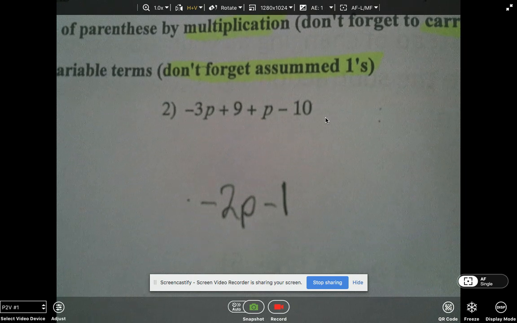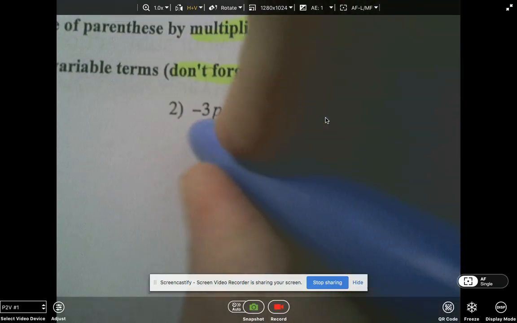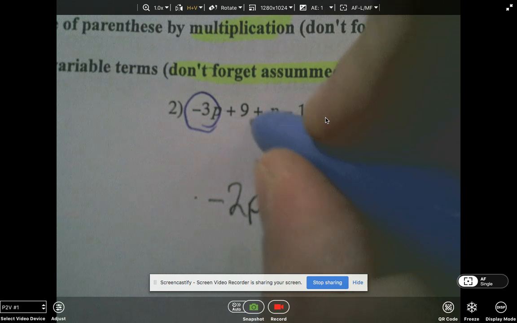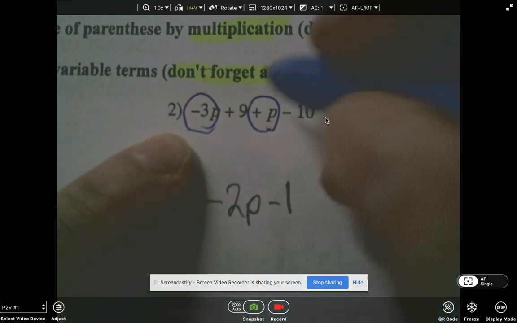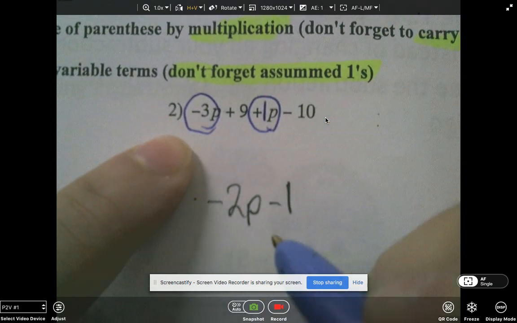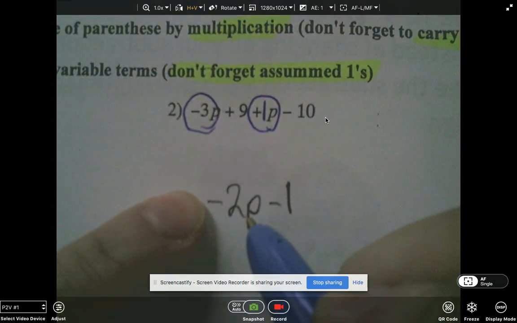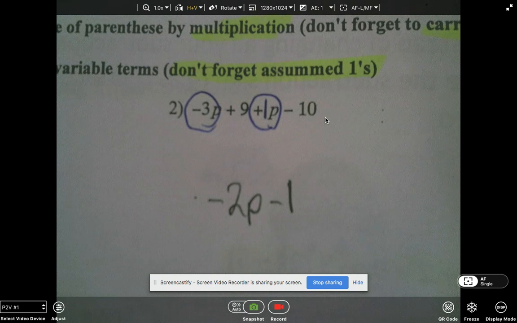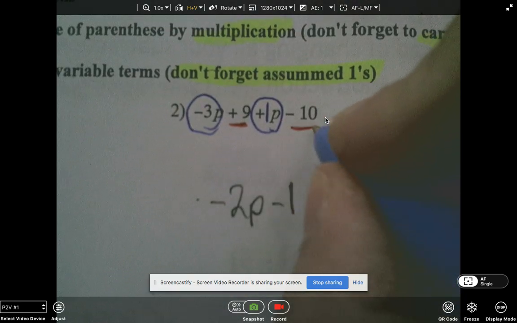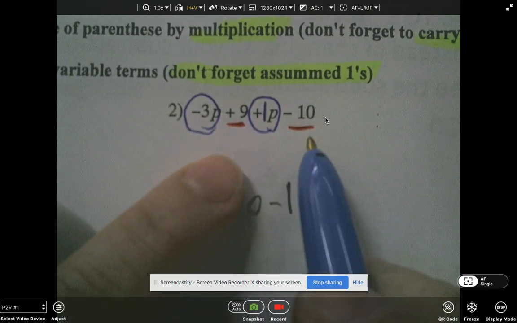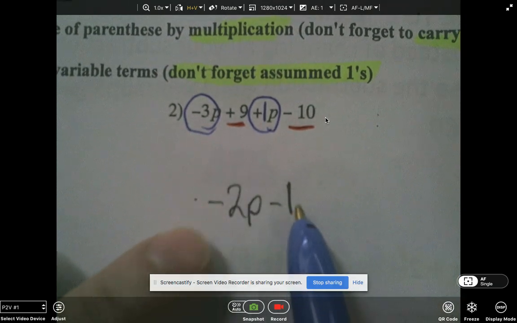What are my like variable terms? Negative 3p and p. When you combine that, that is just a negative 3 plus that assumed 1 is just going to be negative 2. And then my constant terms are 9 and negative 10. When you combine those 2 numbers, you get negative 1.